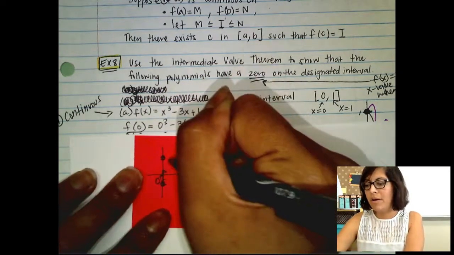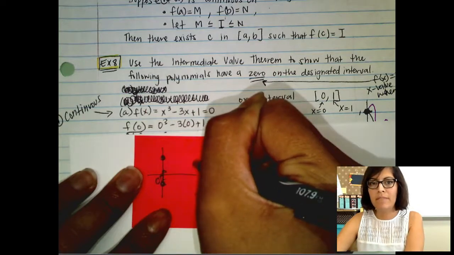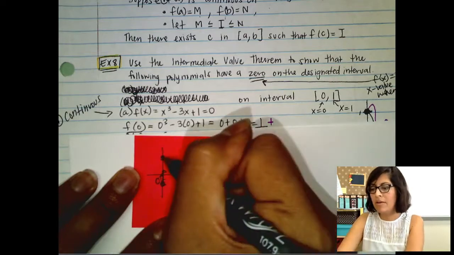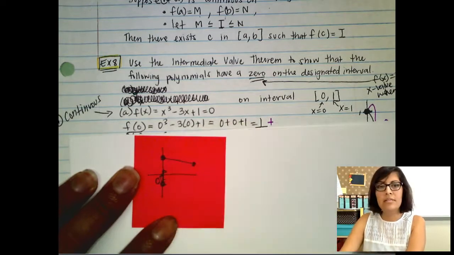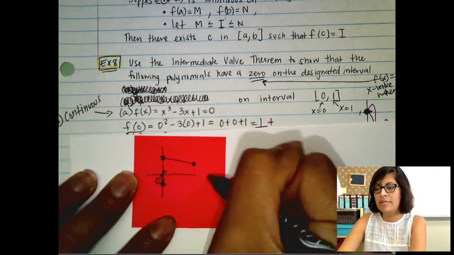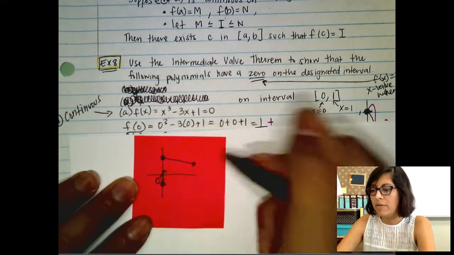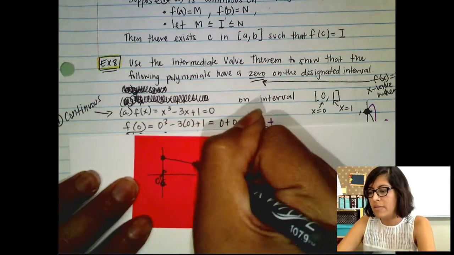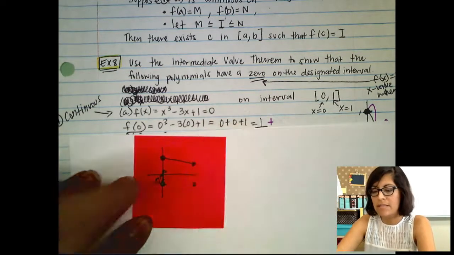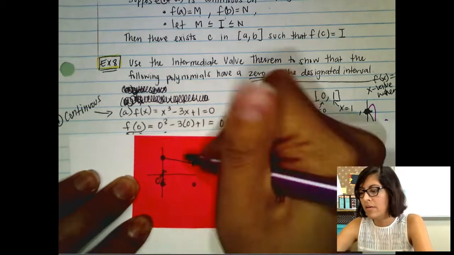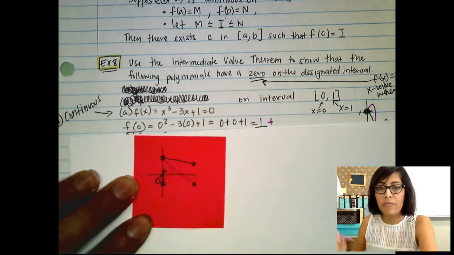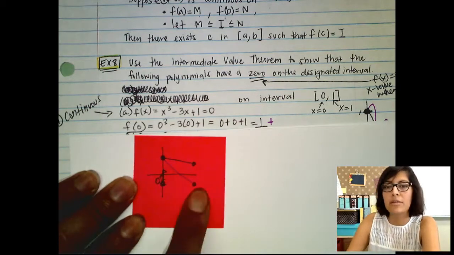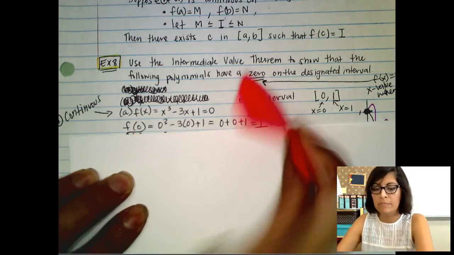If our next value is also positive, say our next value is 0.1, we cannot guarantee that we cross through the x-axis. In order for there to be a zero, this number has to be somewhere down here for it to cross. So hopefully our other endpoint is negative, so that we can say that it needs to cross the x-axis sometime.